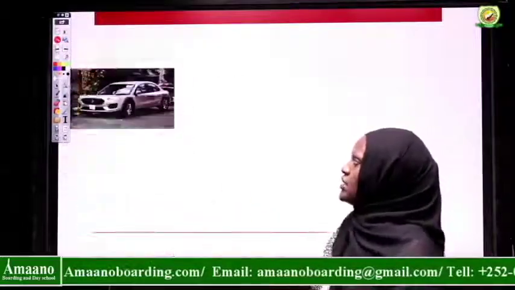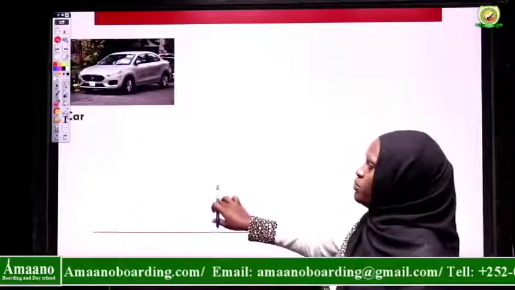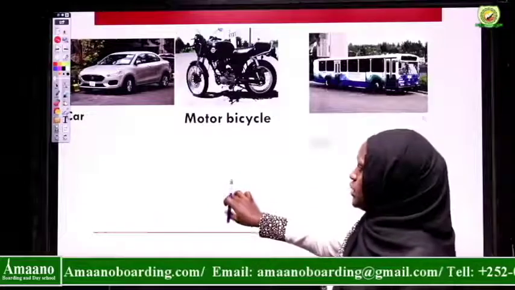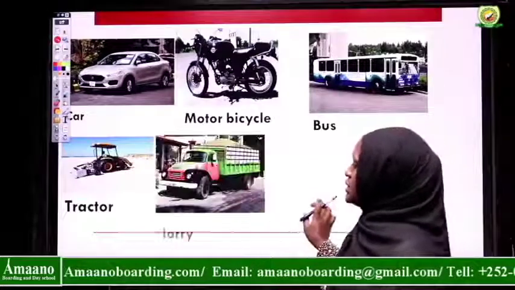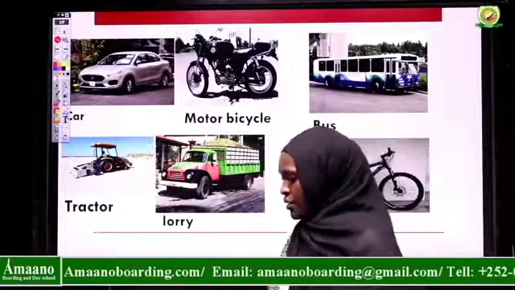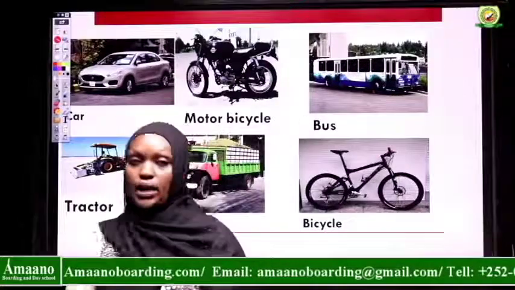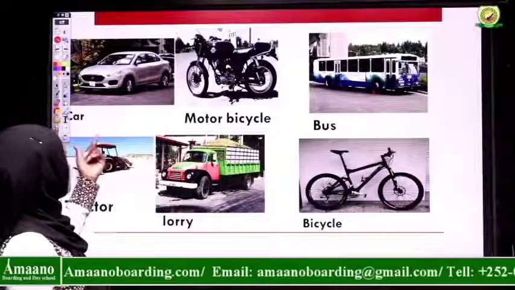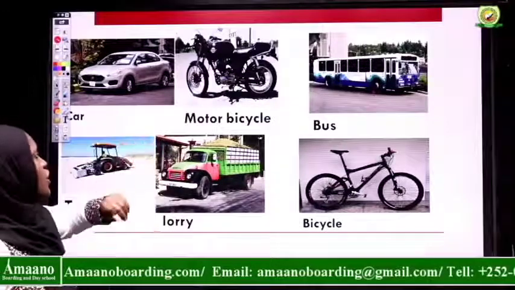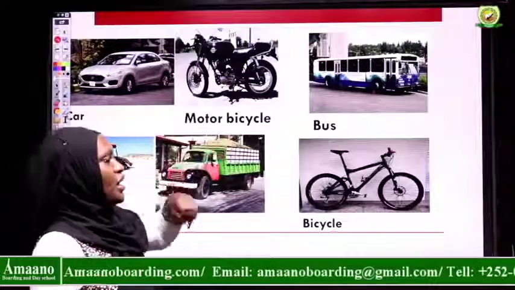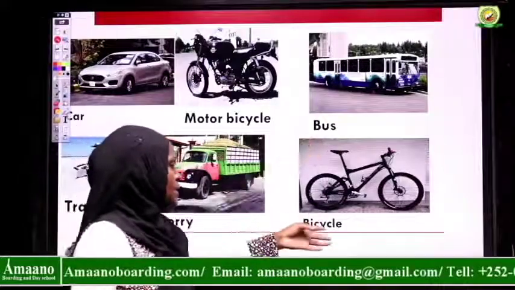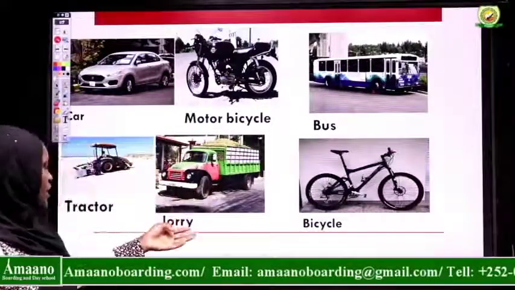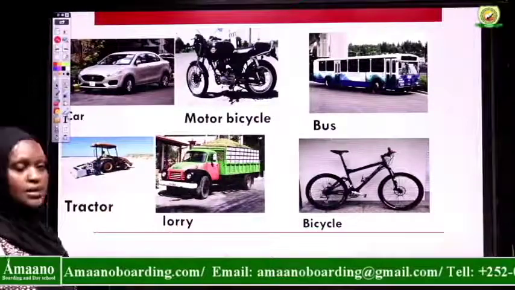Then let's look more at the vessels used on land. These are what we use on land to move from one place to another. We can use the car, the motorbike, the bus, the bicycle, the lorry, and the tractor.